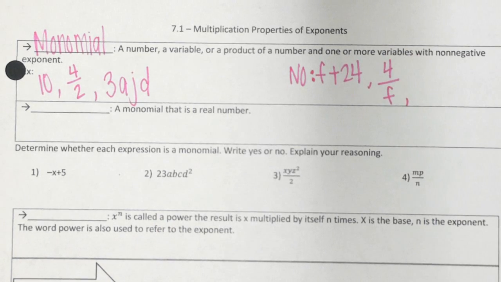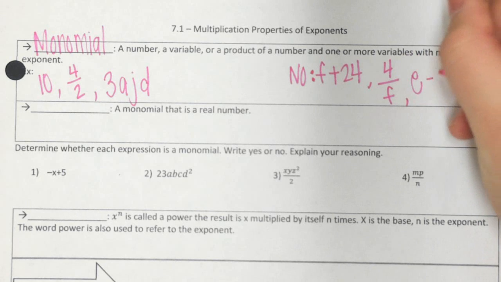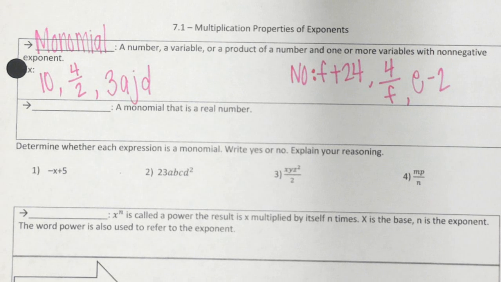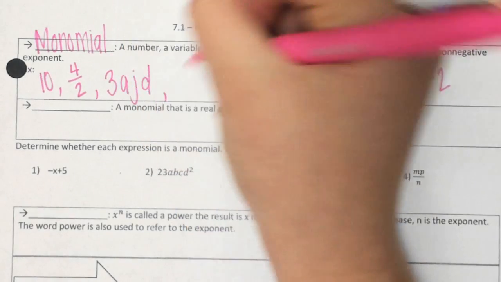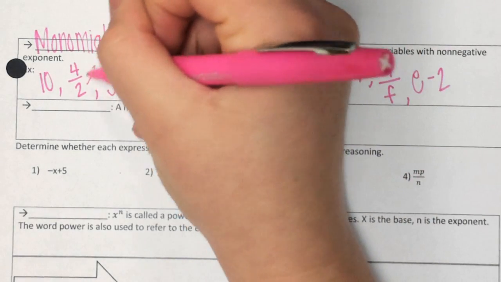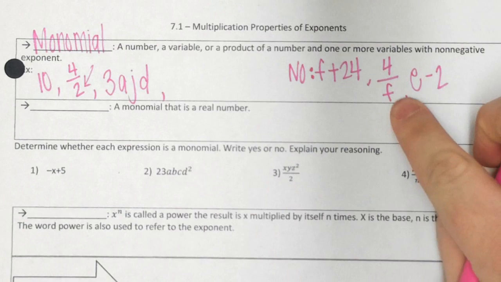I can't subtract either, I can't do e minus 2, but I can multiply. So I can't add, subtract, or divide by a variable. I can divide by a number, but not a variable.